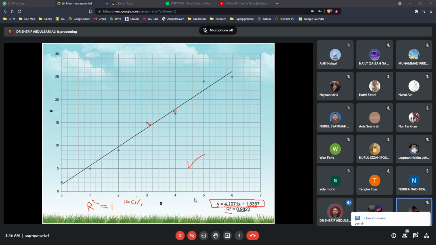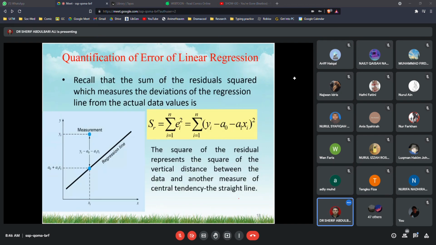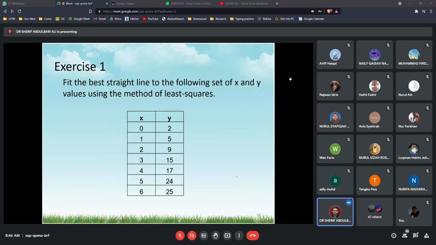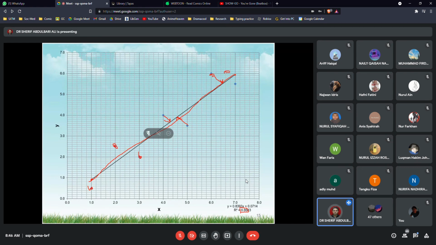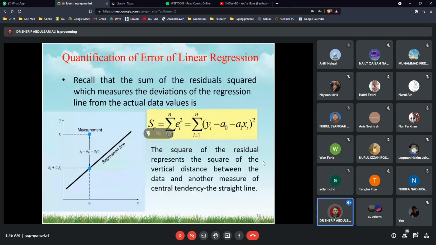Okay, but actually we are going to learn how to get the value of r square manually. This is our target. So now let's see how you are going to quantify the error. To quantify the error of the linear regression, which is the distance between the dots and the line, how do you quantify it?